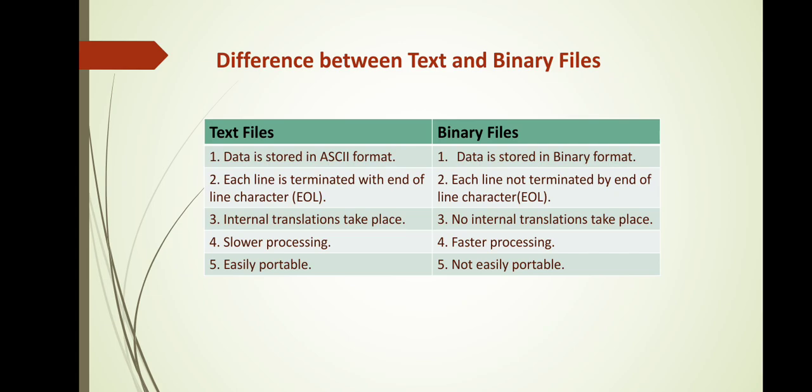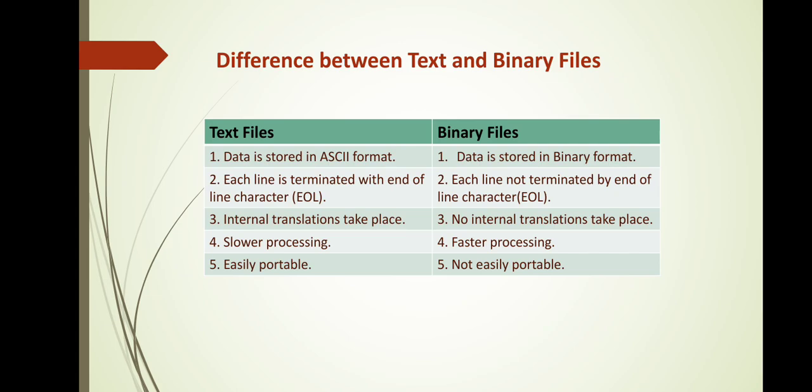Another important difference is that in a text file, each line is terminated with the end of line character, which is known as the EOL character. By default, the end of line character is \n, that is the new line character. However, this end of line character is not present in a binary file.